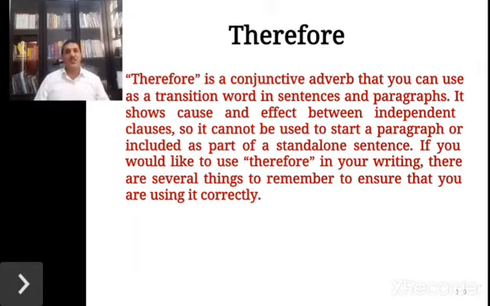So we'll use such conjunctions for connecting not just sentences but paragraphs and thoughts and ideas. Okay. It shows clues, reasons, and effect between independent clauses. So it can be used to start a paragraph or included as part of a standalone sentence.